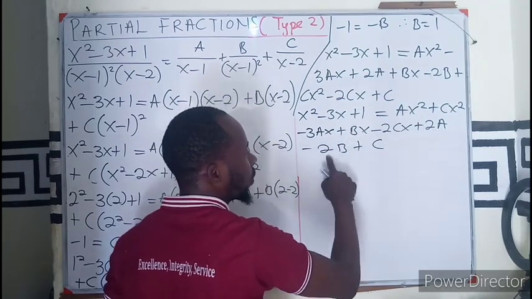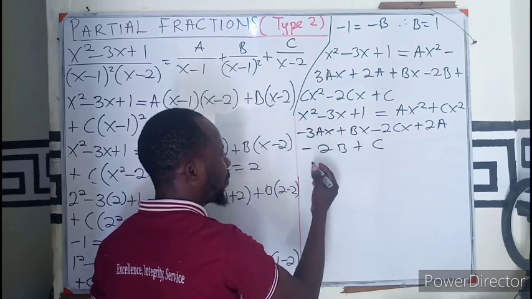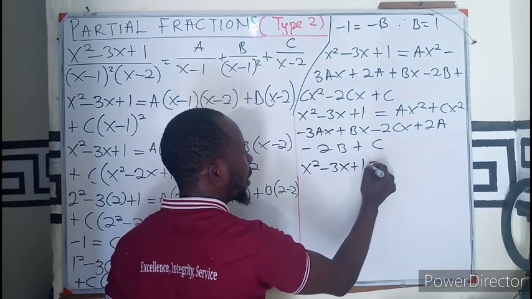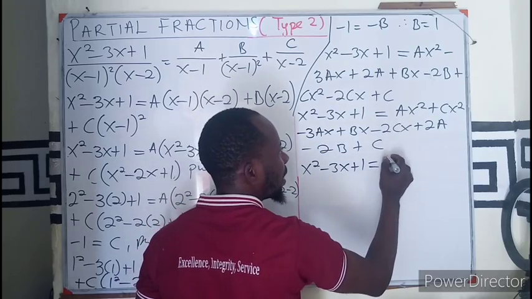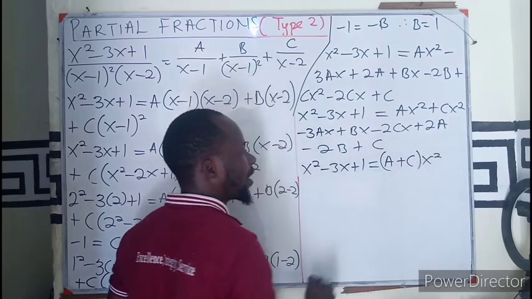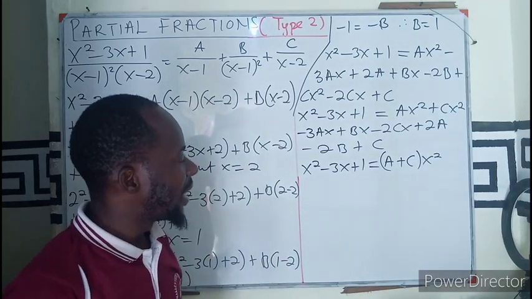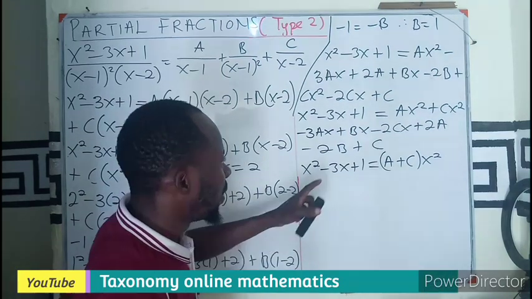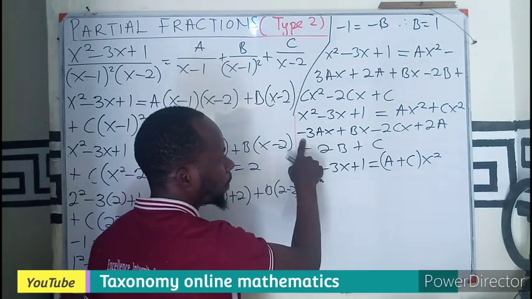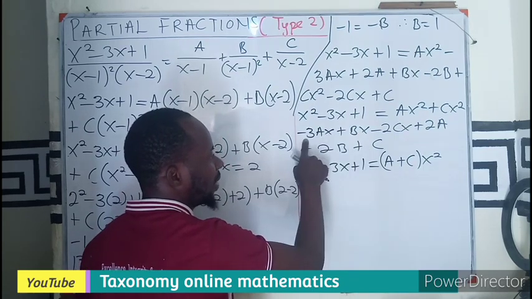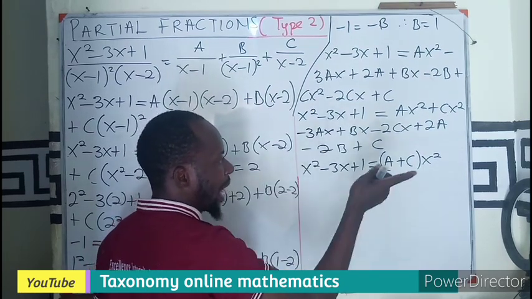So our left, which is x squared minus 3x plus 1, is going to be a plus c, into bracket x squared. If I factorize the x squared out, I'll be left with this. Then this is going to be, let me bring the b first so that the negative will go in, the x will be outside.